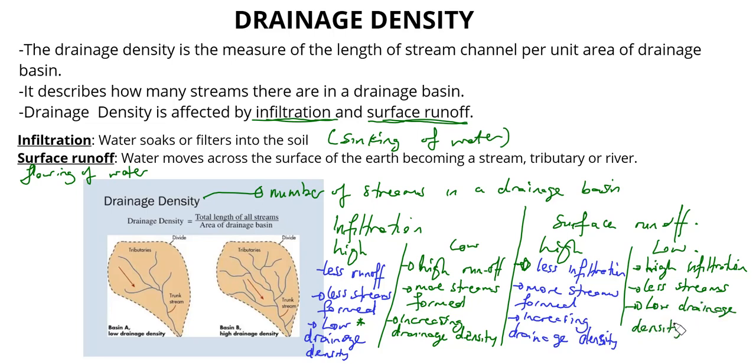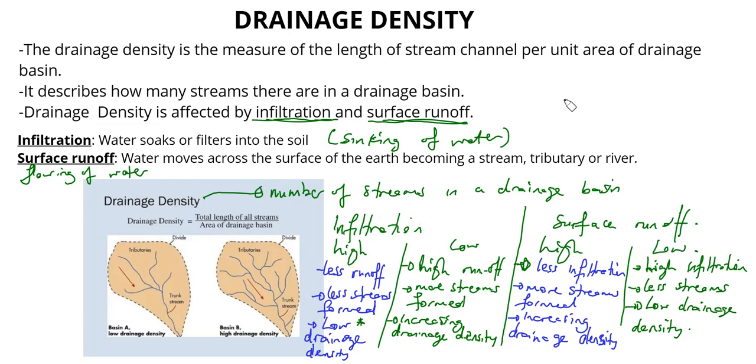Okay, so what did we master today? High infiltration, low drainage density. Low infiltration, high drainage density. High runoff, high drainage density.